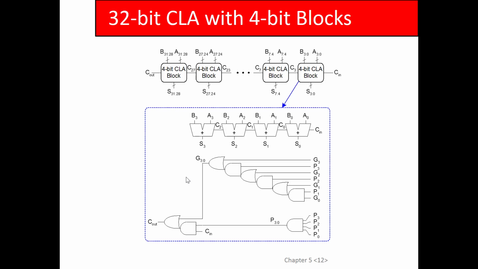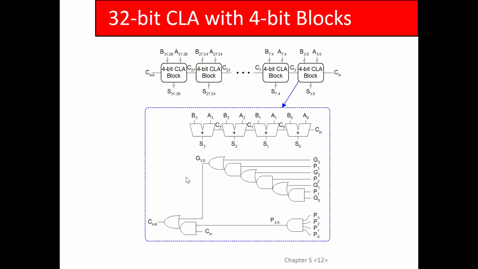I mean, you're not saving much from doing carry-lookahead within each group of 4. You guys with me? You're going from 6 to 3 to 6 gate delays, whatever. It's not a big deal. So you could do ripple carry within each group, right, if you wanted. You still have to generate the P's and G's for each bit, but the way that you calculate the carry-ins internally doesn't really matter that much.